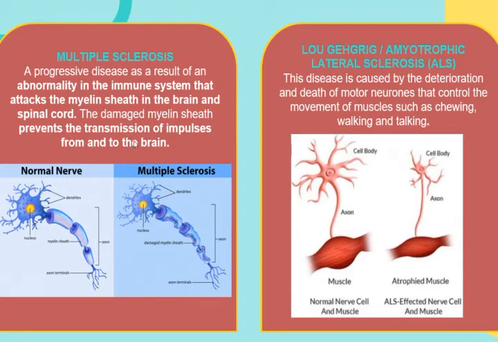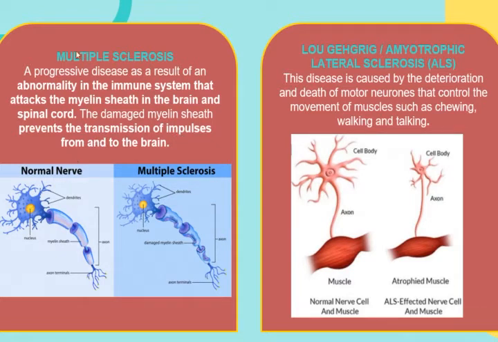Do you still remember what a myelin sheath is? The myelin sheath is the protective layer that protects the axon. Once the myelin sheath is damaged, what happens? It will prevent the transmission of impulse from and to the brain.